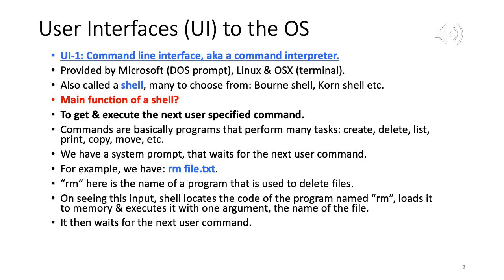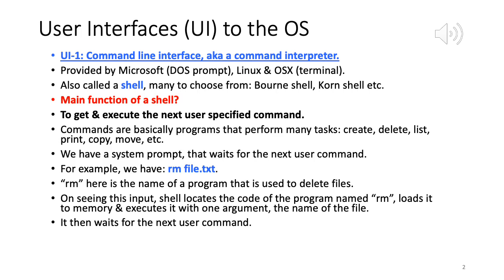So there are a large number of commands to choose from, and the way you execute them, the command line interpreter waits for you to type the command. You type the command, and then it executes it and gives you back the output. What are these commands? These commands are basically programs that perform various kinds of tasks. Maybe you want to create a file, you want to delete a file, you want to do ls, which lists all the files and directories in your current directory, let's say your home directory.